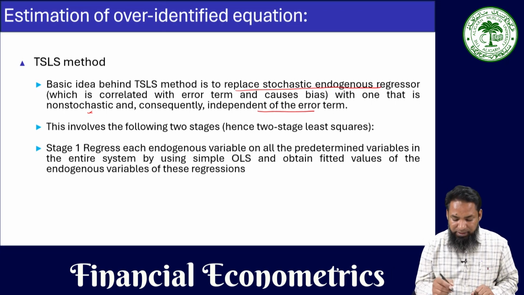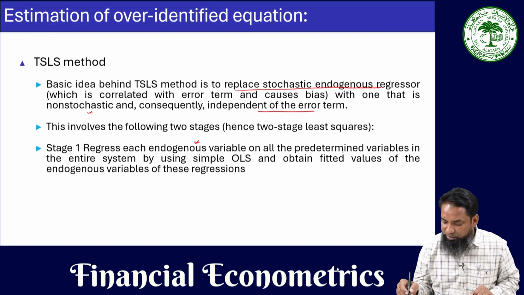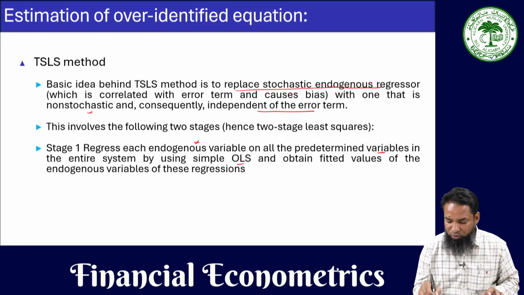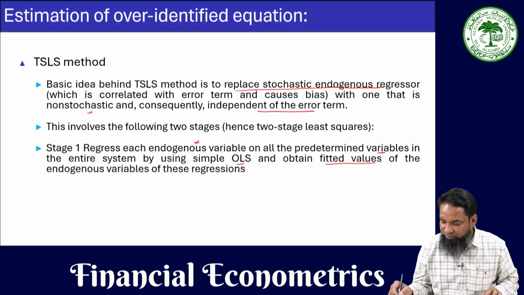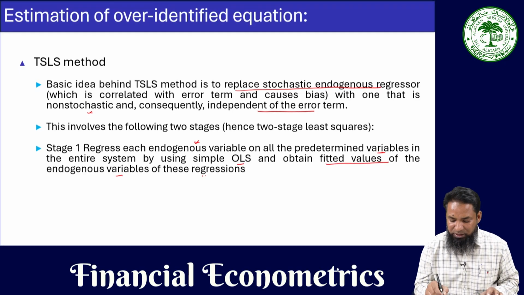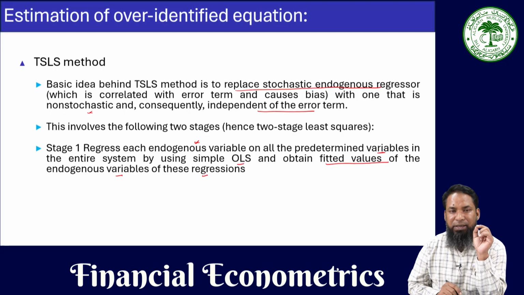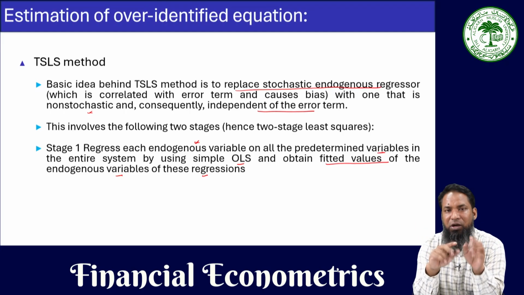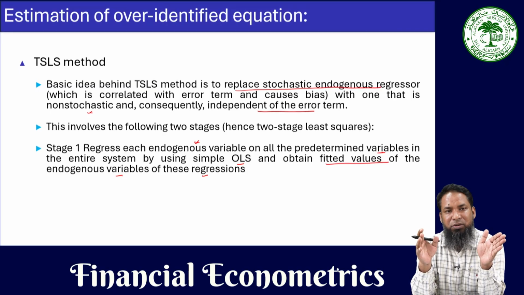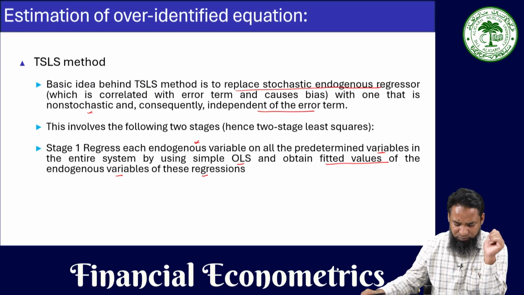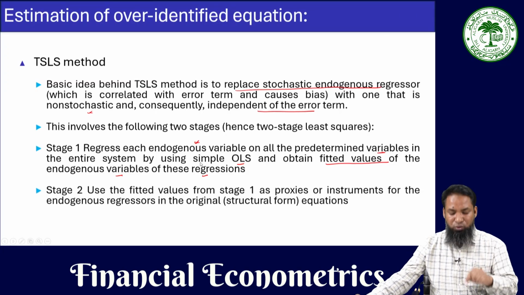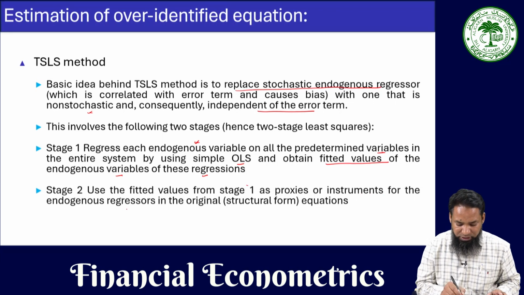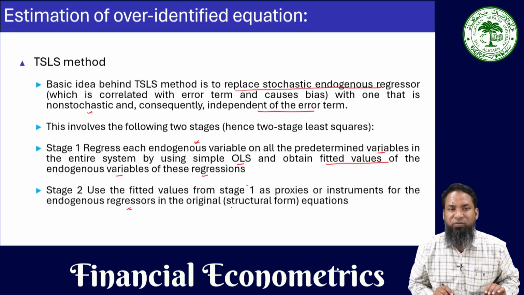Stage 1, regress each endogenous variable on all the predetermined variables in the entire system by using simple OLS and obtain the fitted values of the endogenous variable from this regression. So here we are regressing the endogenous variable only on the exogenous variables, without consideration of whether it depends on endogenous variables also. Then in stage 2, use the fitted value from stage 1 as the proxy or instrument for the endogenous regressors in the original structural equation.